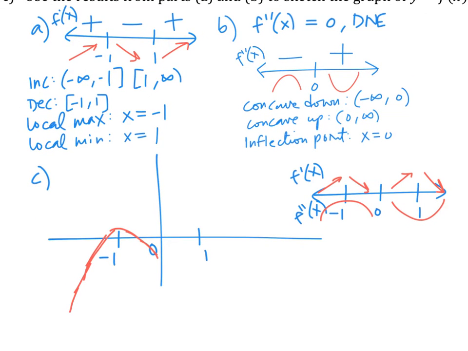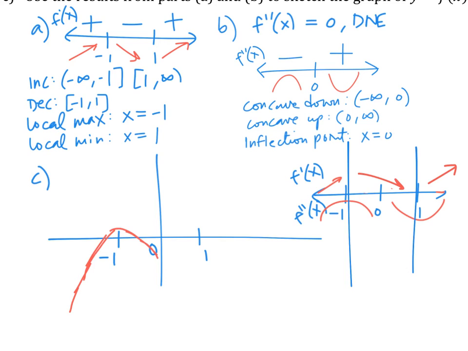Oh, I'm sorry, I think I drew this wrong. -1 is a 0. It's a bounce thing. So, up and then down and up, like that.